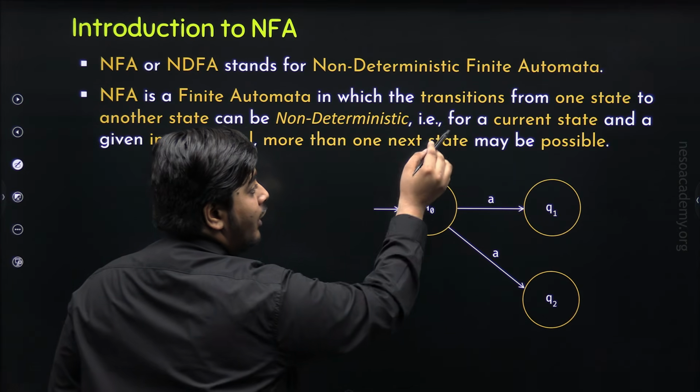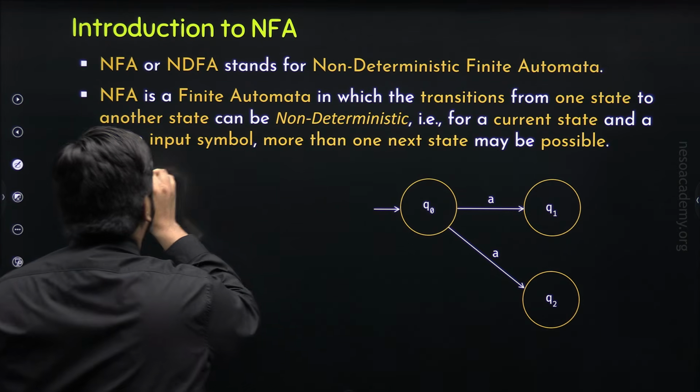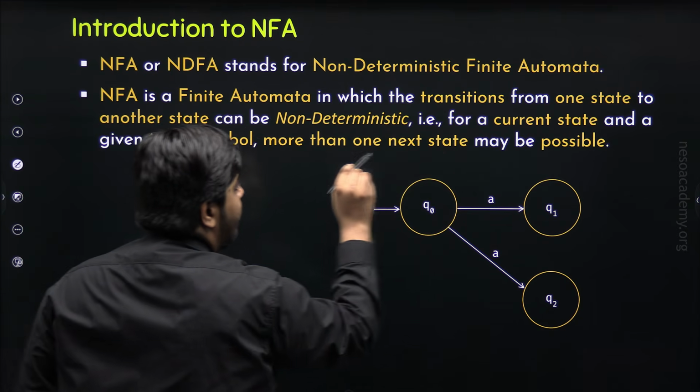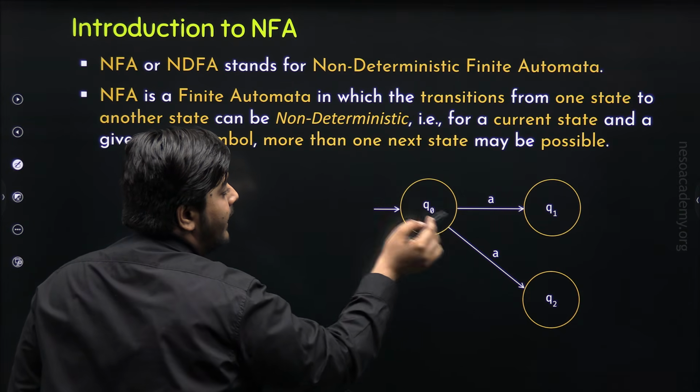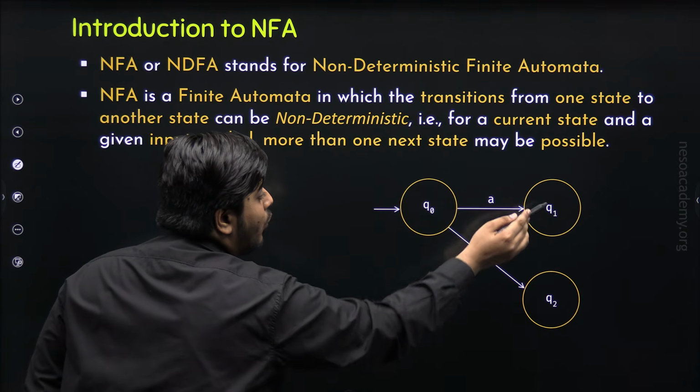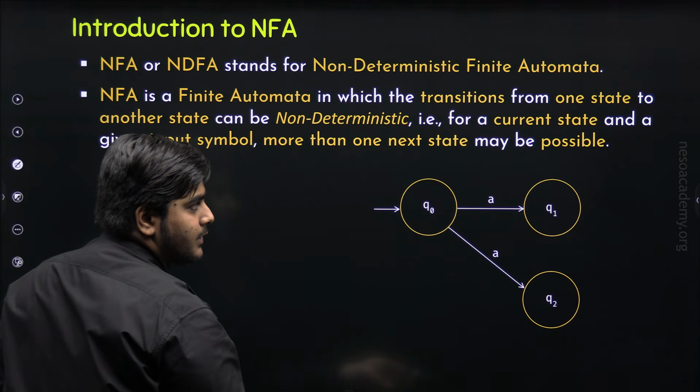And in NFA, for a current state and a given input symbol, more than one next state may be possible.